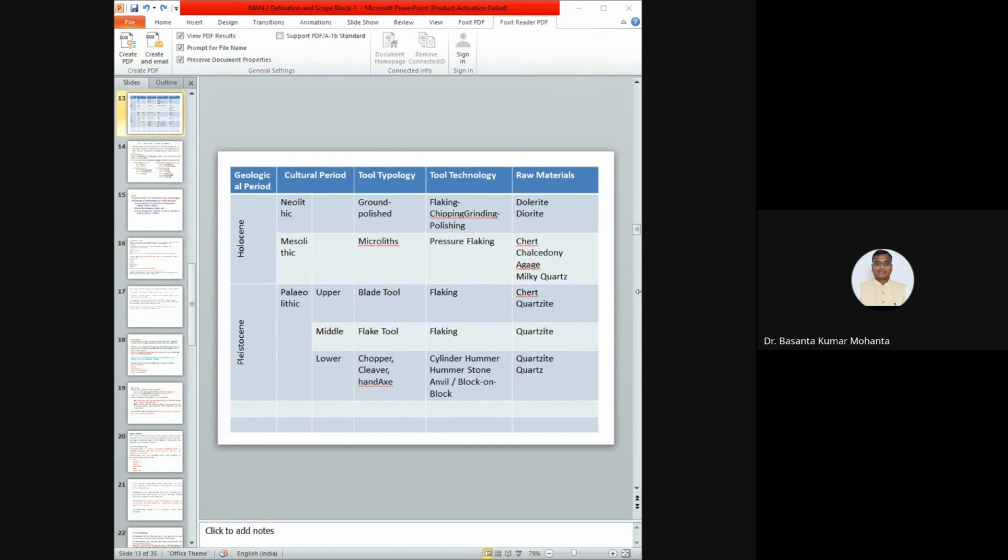But there are different kinds of cultural characteristic features like their settlement pattern, their subsistence system, their art and craft, their material culture, their mortuary practices. So these kinds of sub areas help us to reconstruct the past cultural life, the past people.